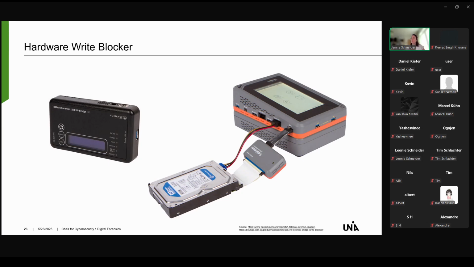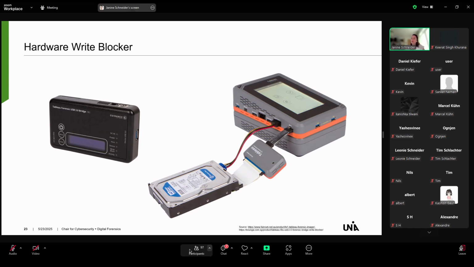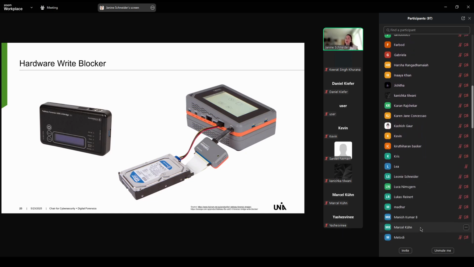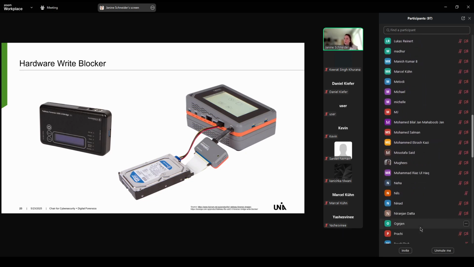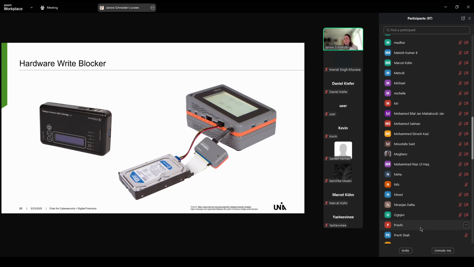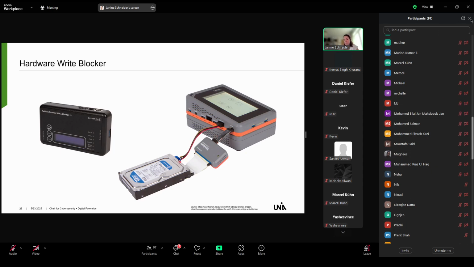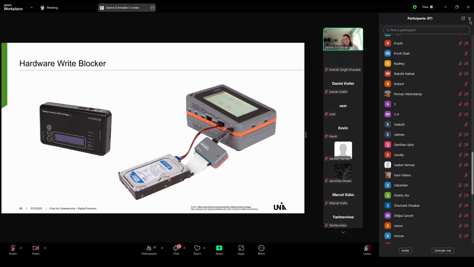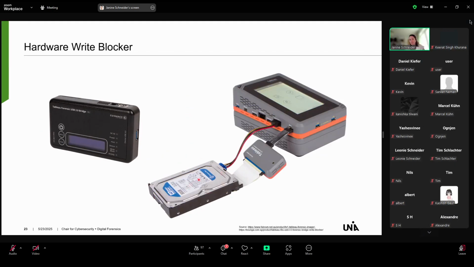Sometimes if you want to access special areas like the HPA or DCO, then you need short-term writing access. This is not supported by every write blocker, but if you need that, there are hardware write blockers that support that. And here you can see that you connect your storage device, your HDD, with the device.